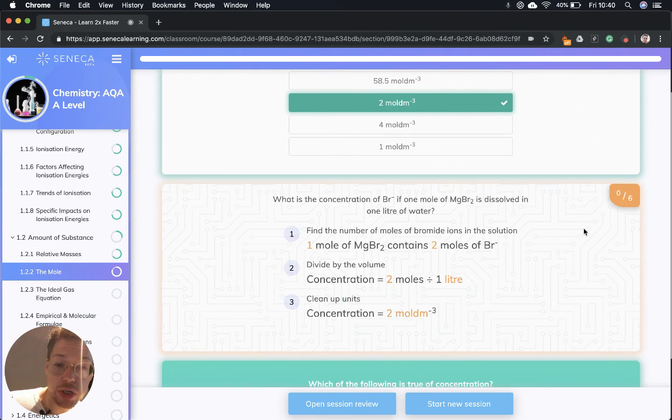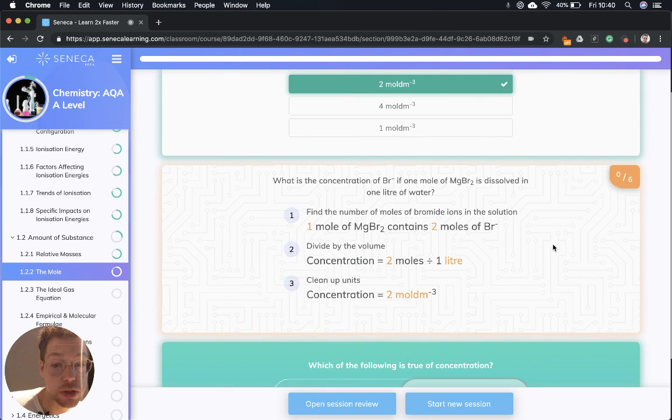What is the concentration of Br- if 1 mole of MgBr2 is dissolved in 1 liter of water? Now, thinking about what we need to calculate, do we need to calculate the MR of MgBr2? No, we don't. This is just a nice little concentration volume question because we already have the amount of moles. We know we have 1 mole of MgBr2.